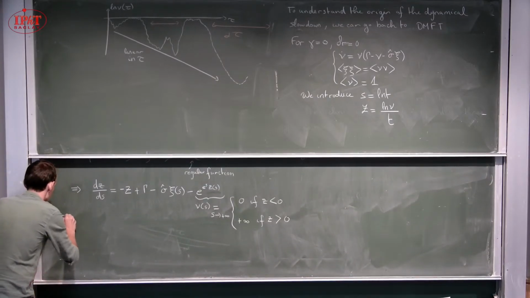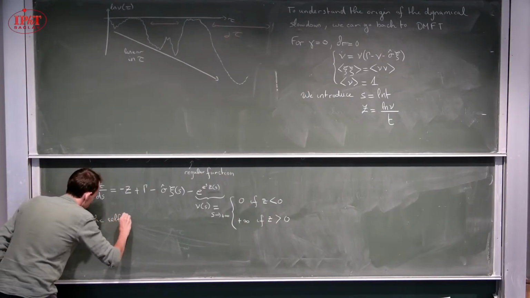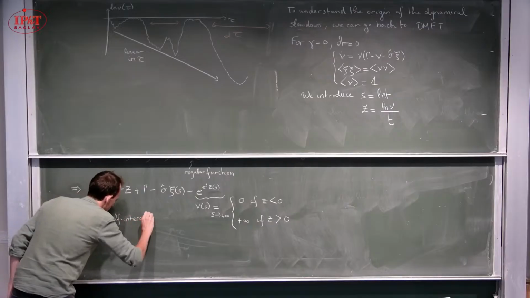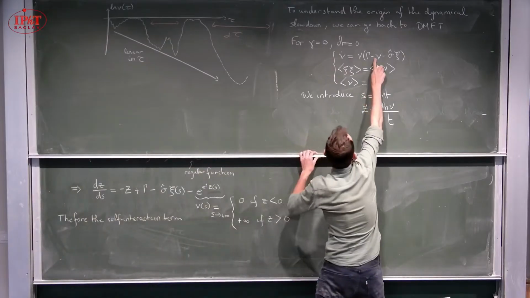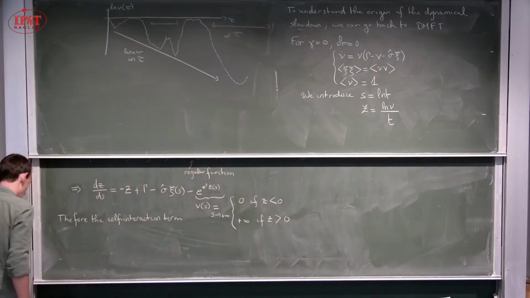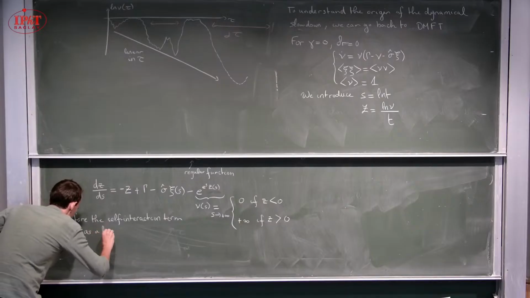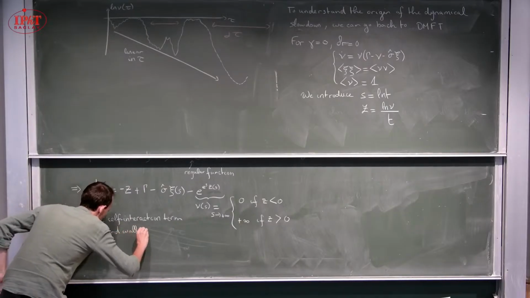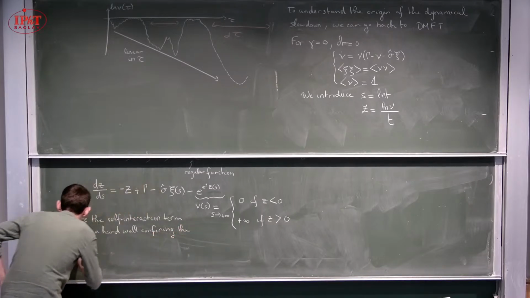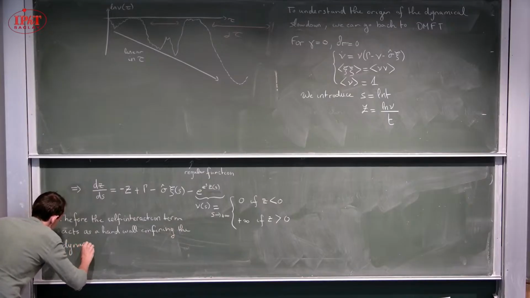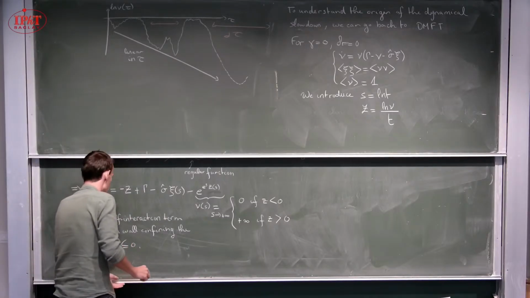What you get from that is that the self-interaction term, this minus nu, which is here, acts as a hard wall confining the dynamics to z less than 0.